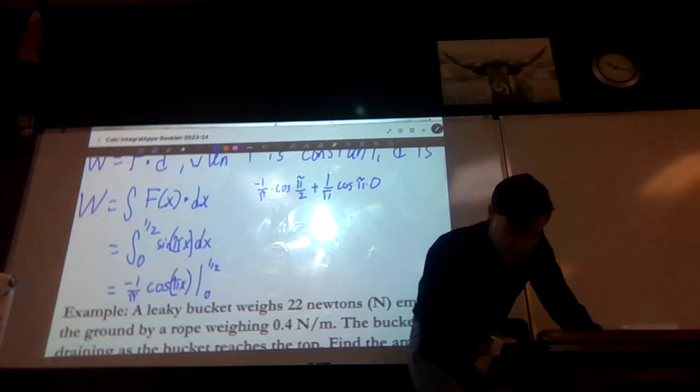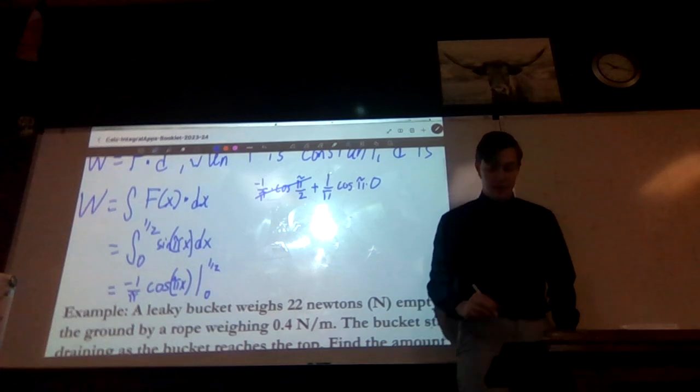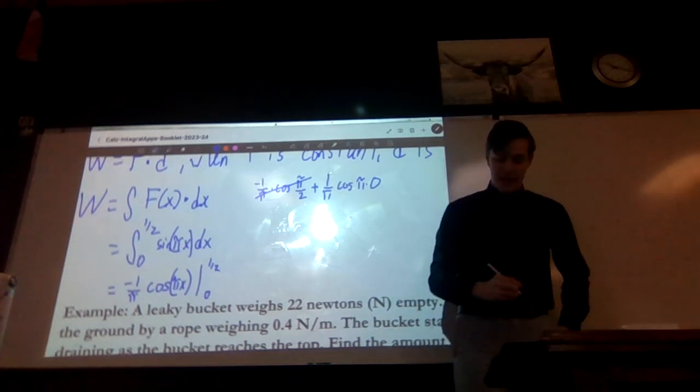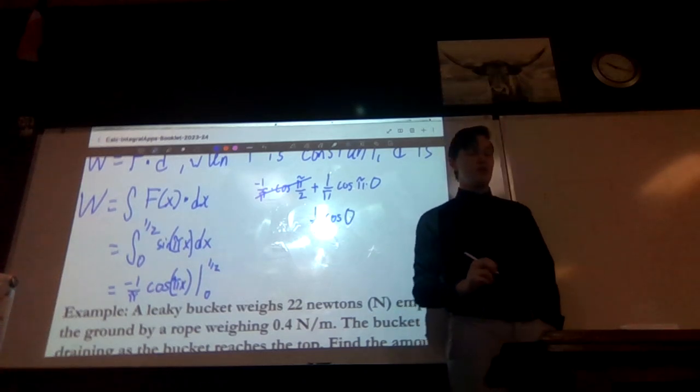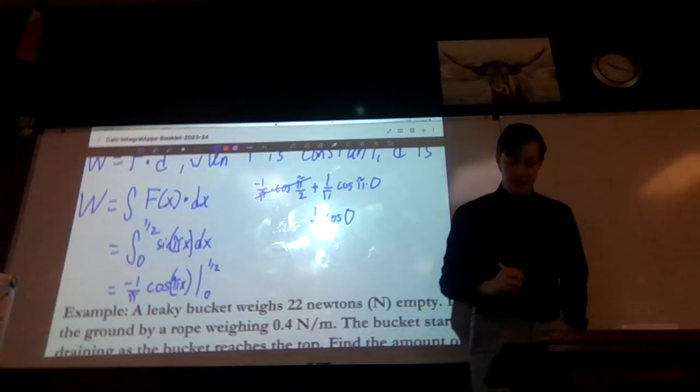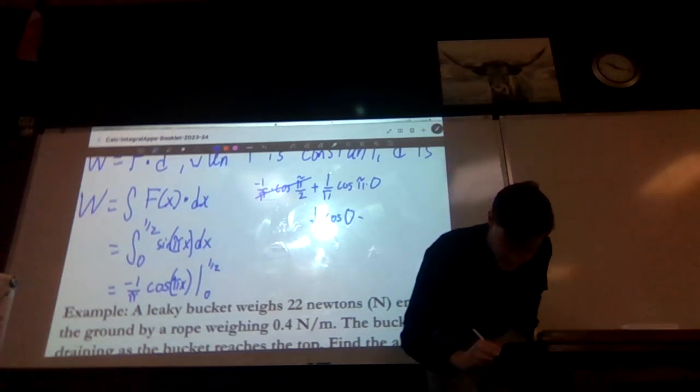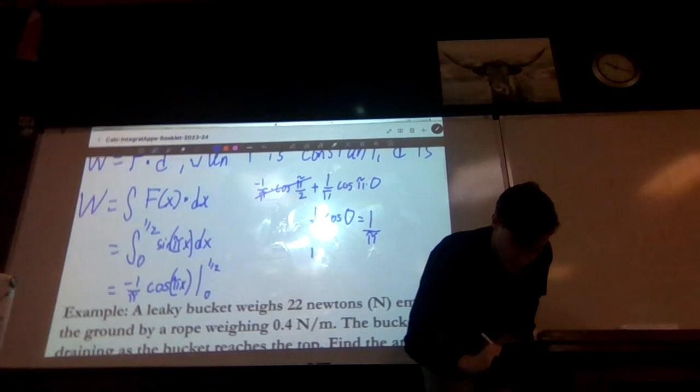This cancels out completely. What is the cosine of pi times 0? This actually becomes 1 over pi cosine of 0. What is the cosine of 0 going to be? It's going to be equal to 1. So therefore, we have 1 over pi, which is our answer, 1 over pi joules or newton meters, as we call them.